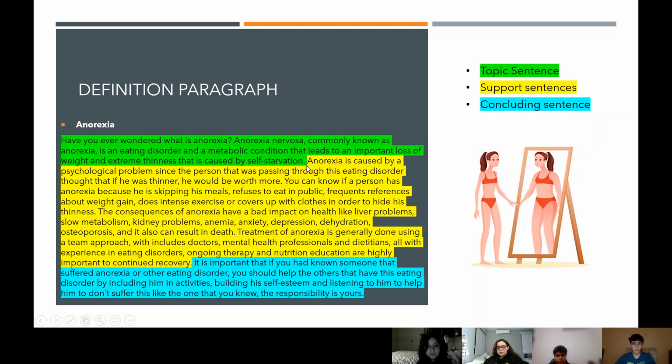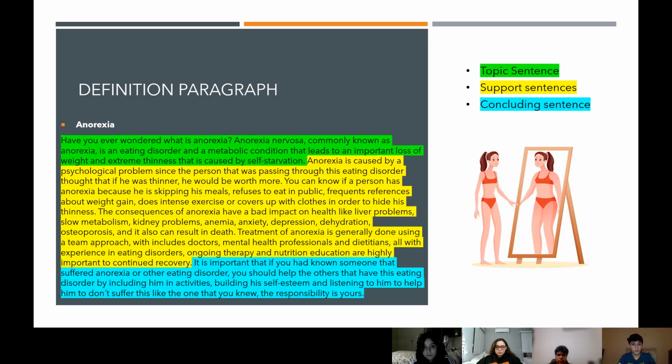And then I'm going to start reading the supporting sentences, which will be the details, highlighted in yellow. Anorexia is caused by a psychological problem since the person that is passing through this eating disorder thought that if he was thinner he would be worth more.